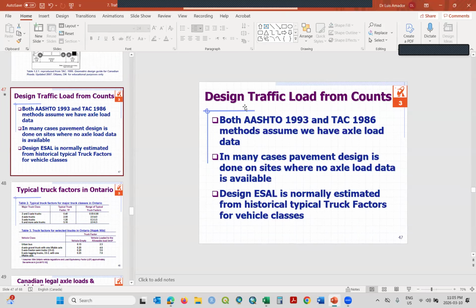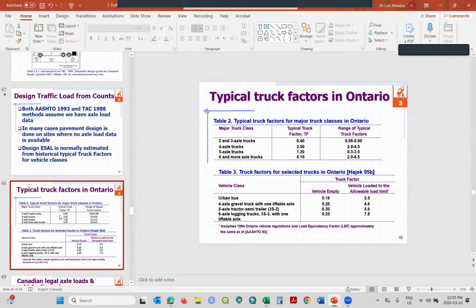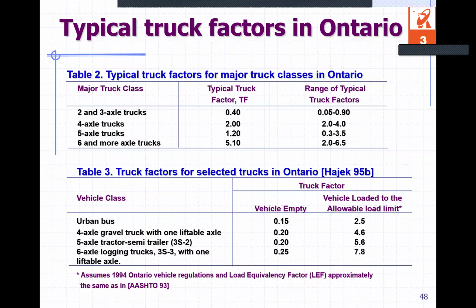So from experience, we can establish what the truck factors are. Some places like Ontario, for example, have already established the truck factor for different types of trucks based on what they observe on their highways. For buses as well, what is the truck factor for a bus? If it is empty or if it is full of people.